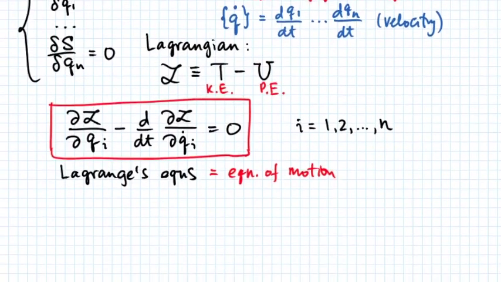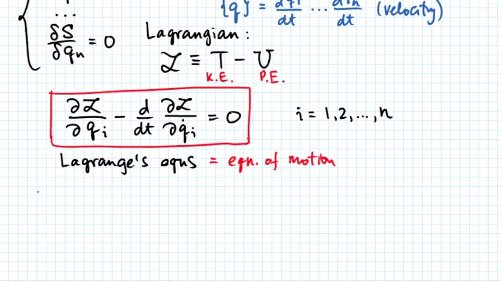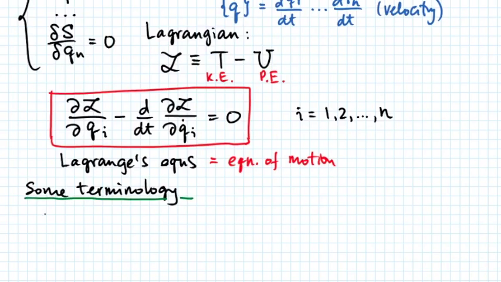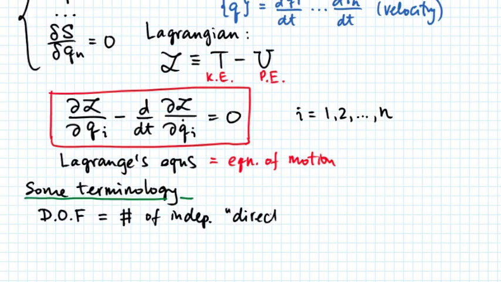For this we need some additional terminology. So degrees of freedom is defined as the number of independent directions to describe all positions, to describe the system uniquely.